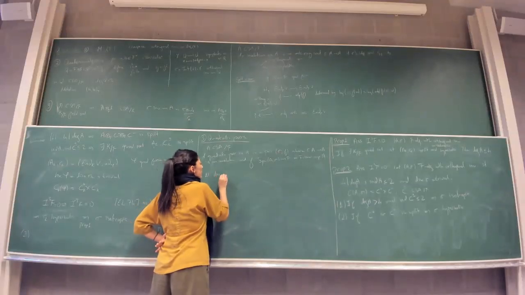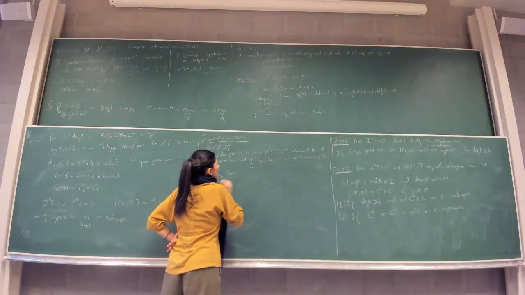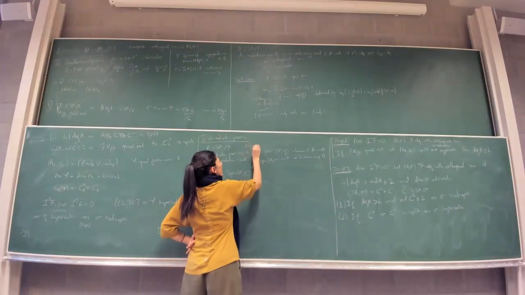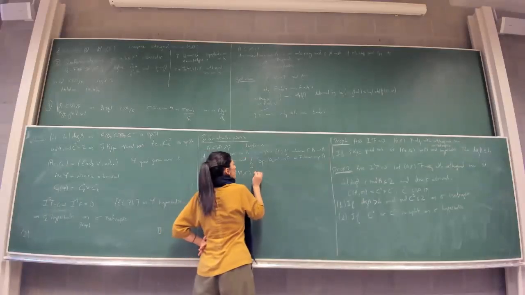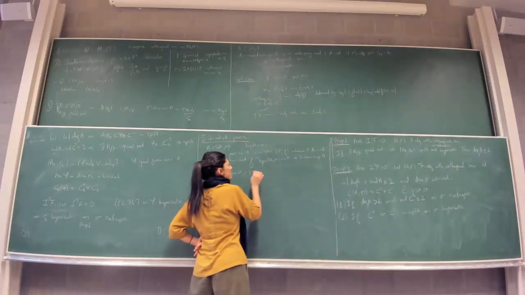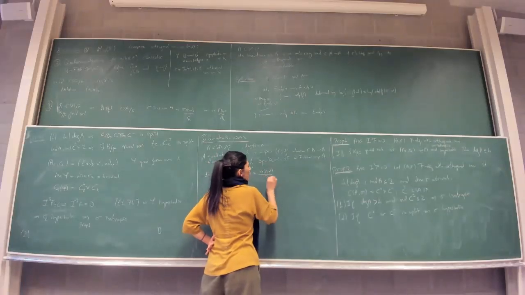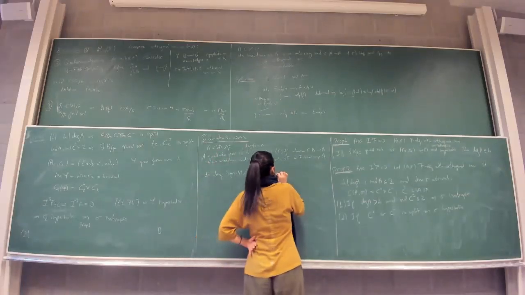The dimension of the symmetric elements, where n is the degree of A, must be n times (n+1), quotient 2.